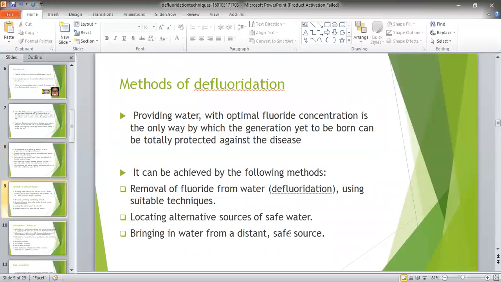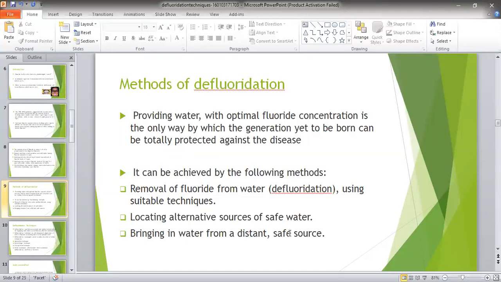So I'm just going through this slide as we have already read it in very detail in our previous lectures. So now comes the main point, that is we have to discuss the method of defluoridation. Providing water with the optimum fluoride concentration is the only way by which the generation yet to be born can be totally protected against dental caries.